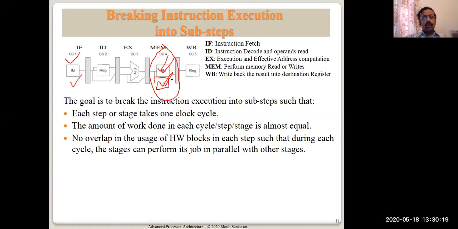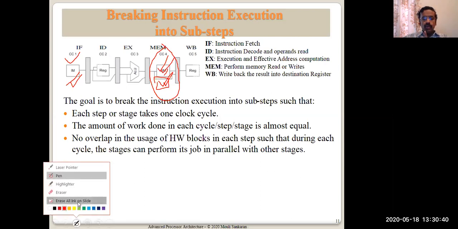It is called a structural hazard. It means I am trying to use the same block in two different places. I am going to block it, because unless I have a provision that it can be accessed simultaneously, I can't do it.